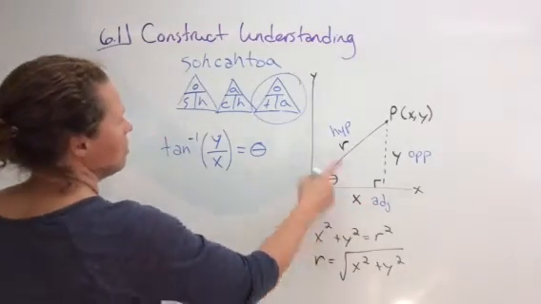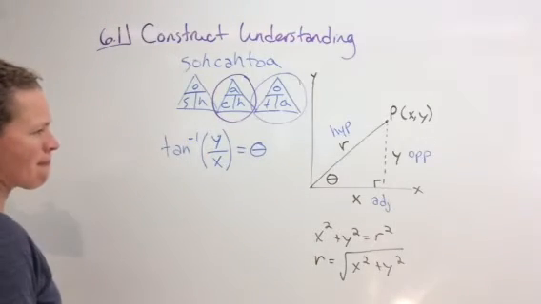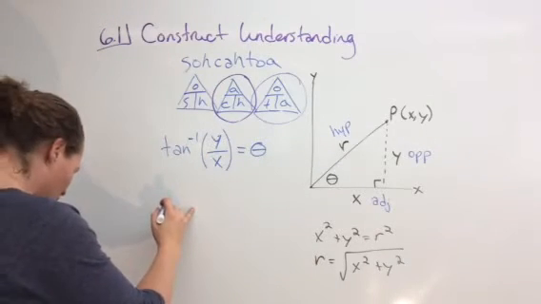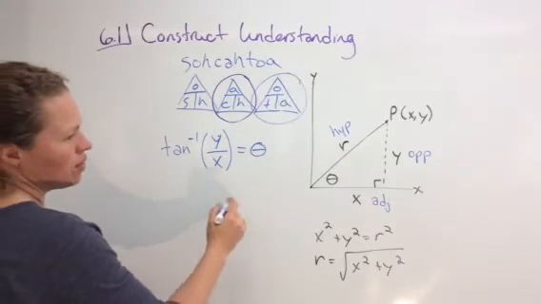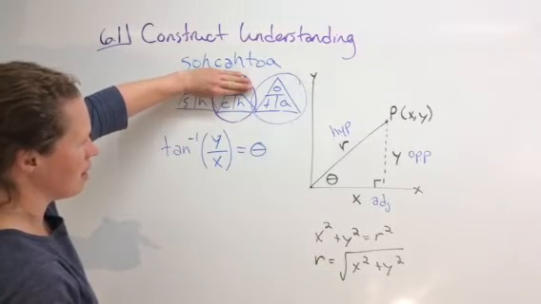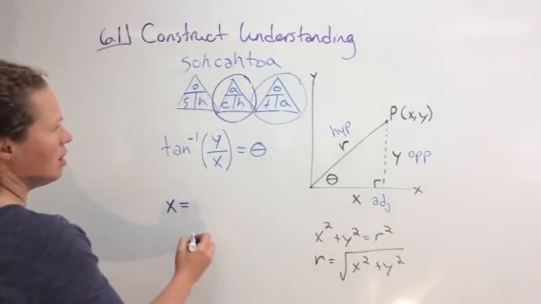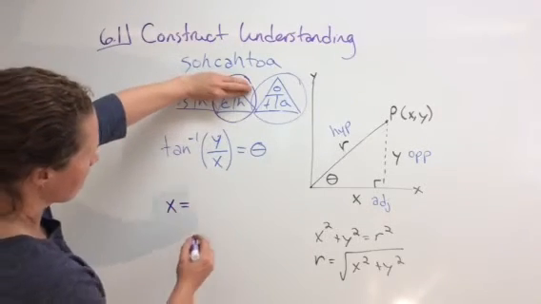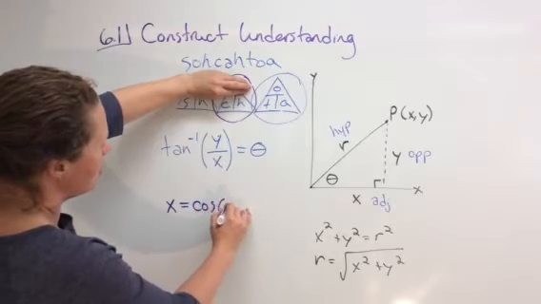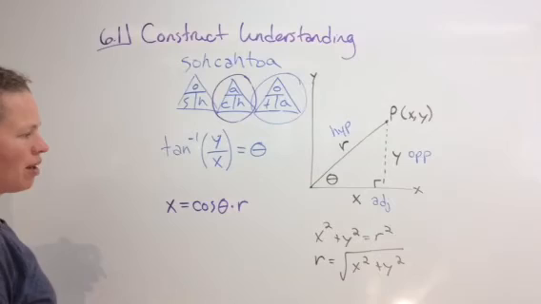Hypotenuse and adjacent makes me talk about cosine. Now, I'm solving for the adjacent, so I'm going to go cosine of the angle times hypotenuse. So x, being the adjacent, will be equal to cos of the angle times the radius, which is the hypotenuse.